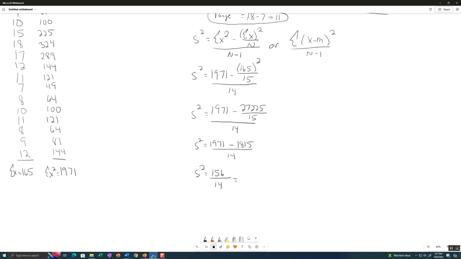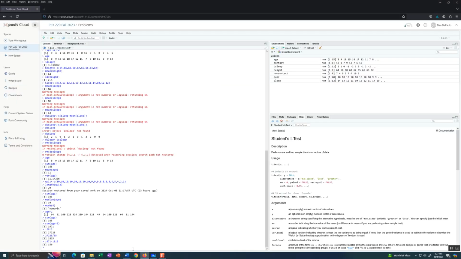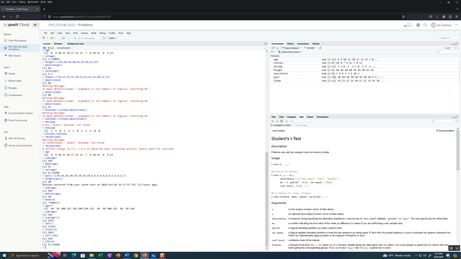We want to exercise our brain a bit if we can. And then 156 over 14 is 14. No, actually it's not. It's 11.14 rounded to 2 decimals.